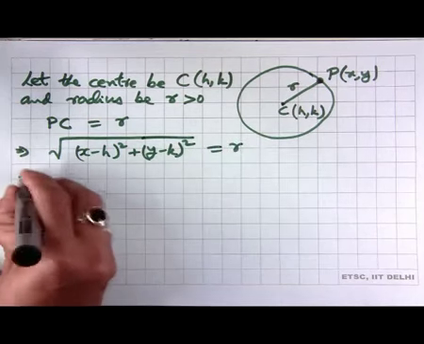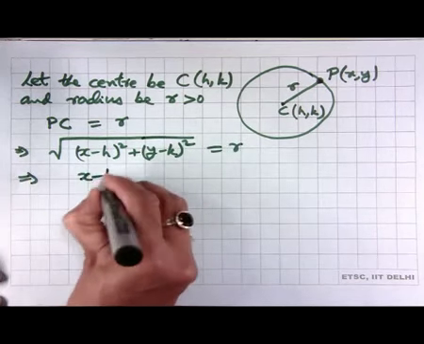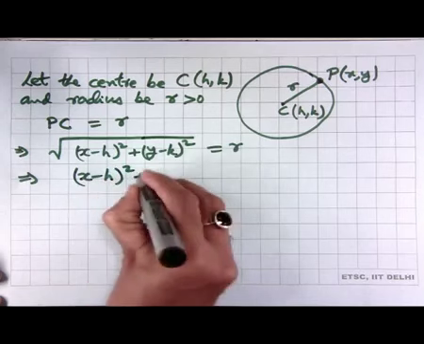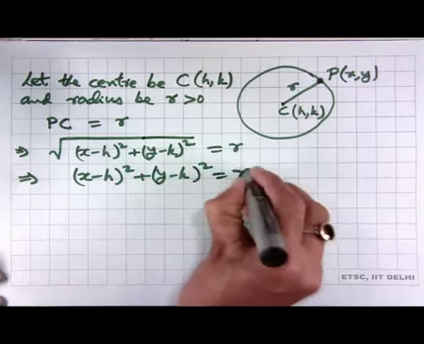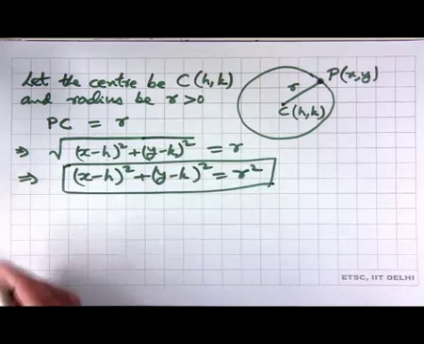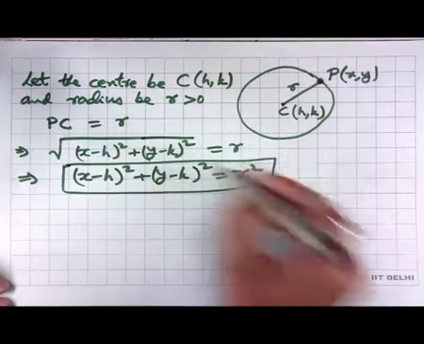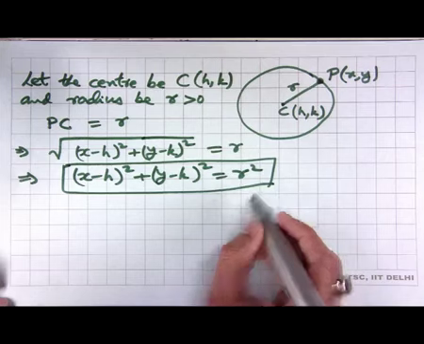Therefore, (x minus h) square plus (y minus k) square is equal to r square. This gives the equation of the circle. Right. So, any point on the circle satisfies this equation.